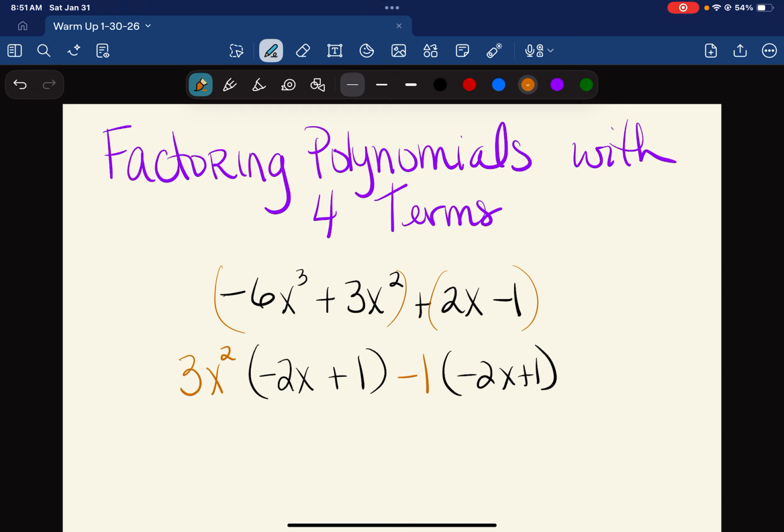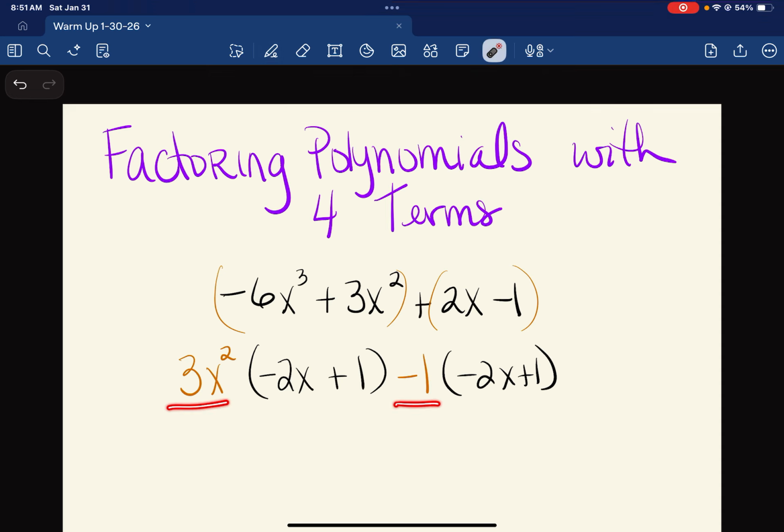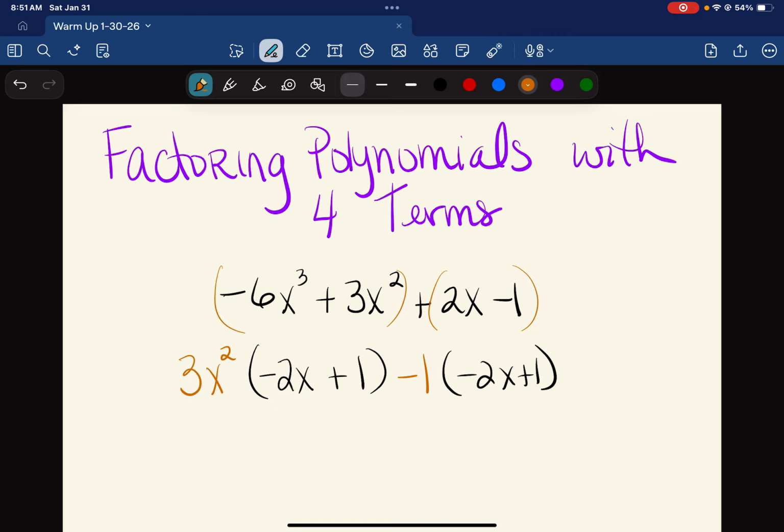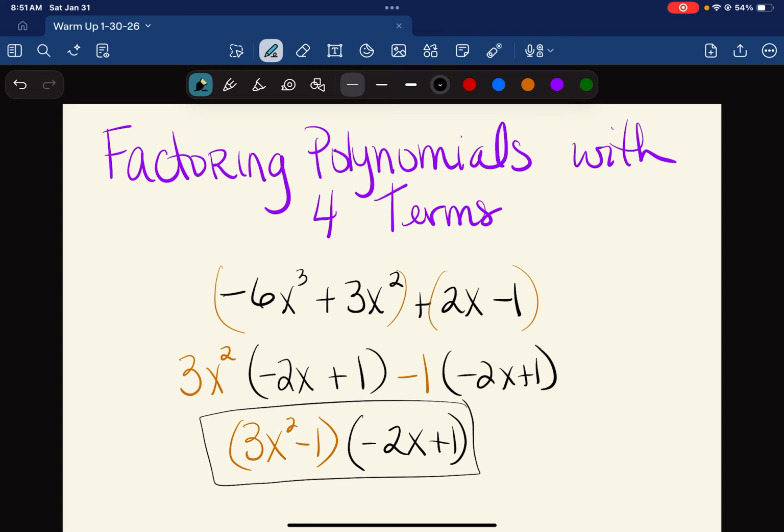Now because my 3x squared and my minus 1 are both being multiplied by the exact same binomial, I can rewrite this expression as 3x squared minus 1 in its own set of parentheses. That way they're both being multiplied by negative 2x plus 1. And that's how you can factor this first polynomial.